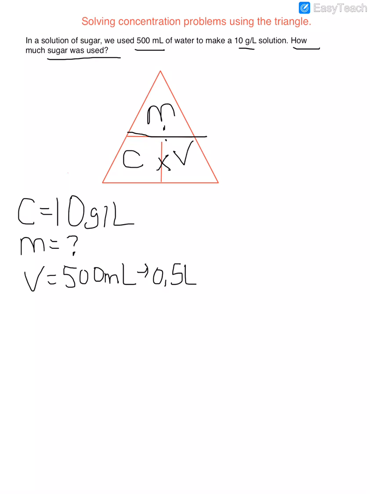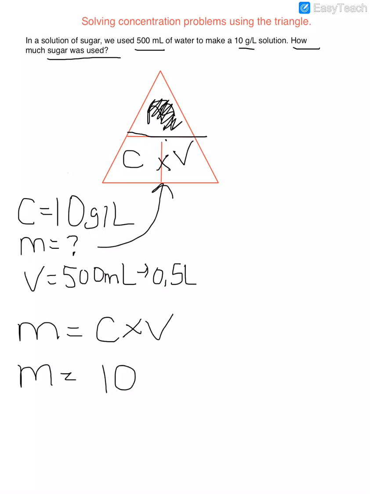Now, how do I use this triangle? Since I'm looking for mass, I'm going to hide letter M. If I'm looking for mass, I hide M, and it automatically gives you the formula you have to do, which is C times V. So M equal C times V. M equals 10 gram per liter times 0.5 liters.